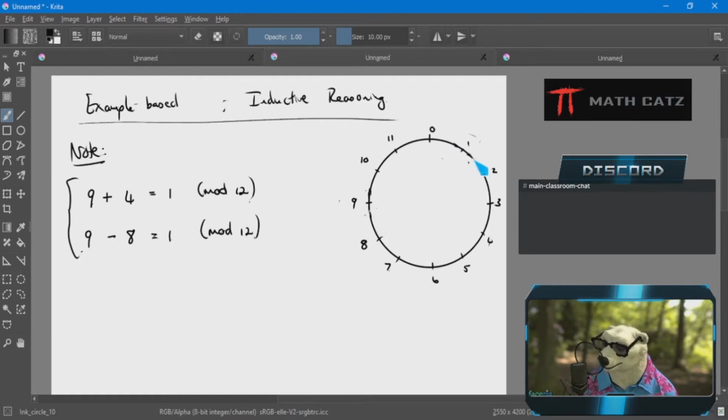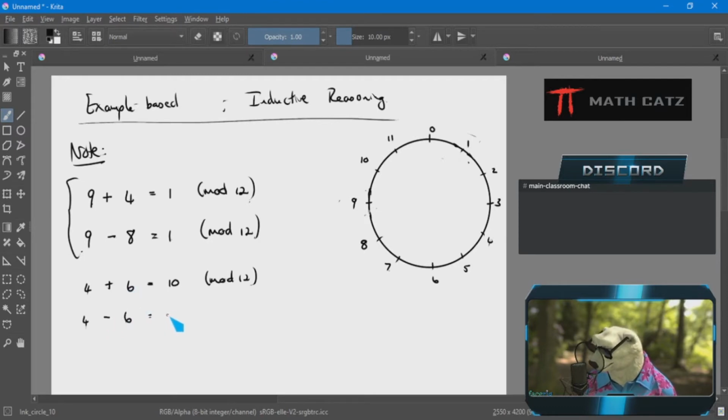Okay, let's take a different position. Let's take 4 and 10, why not? Let's suppose I start at 4. Of course, I'm going to add 6 and I get to 10, even on this circle. But if I want to start at 4, I can also subtract 6.